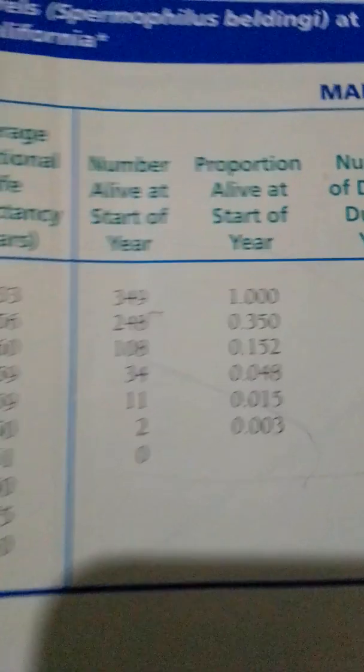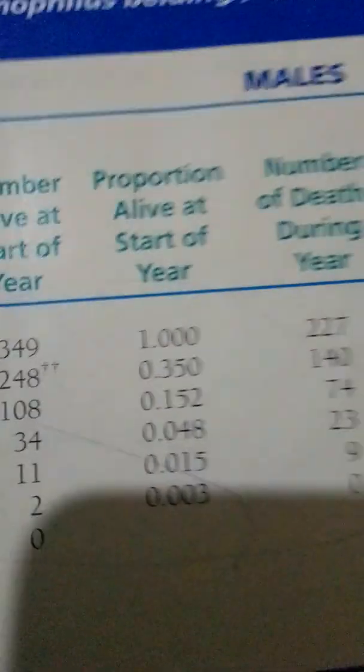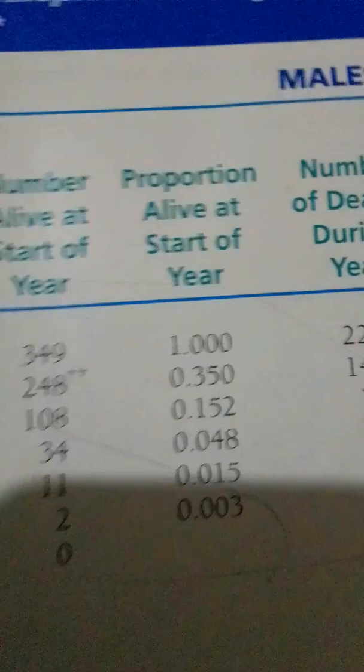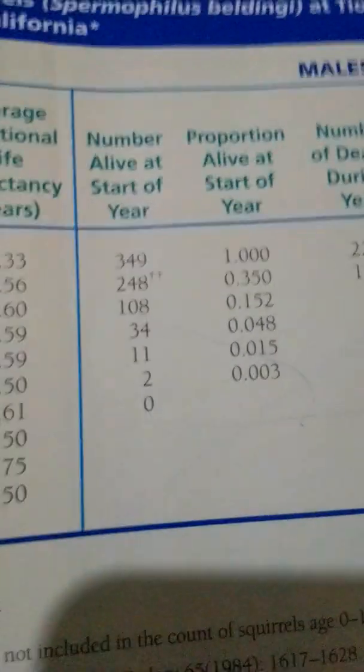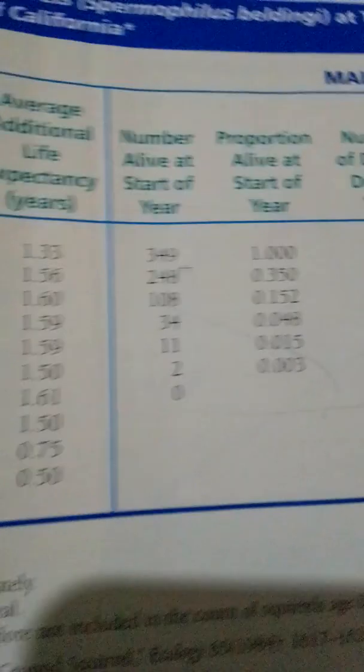To construct a survivorship curve for this population, generally a survivorship curve is constructed beginning with a cohort of 1,000 individuals from a population. We can do this for the Belding's ground squirrel population by multiplying the proportion alive at the start of each year, third and eighth columns, as shown here.